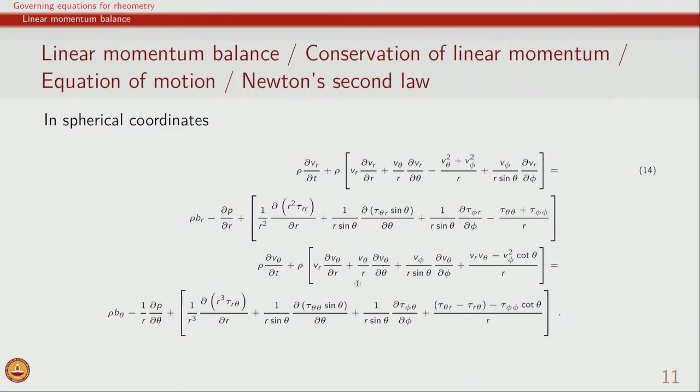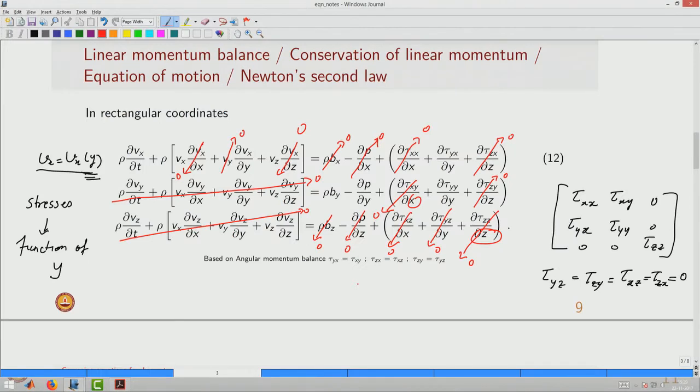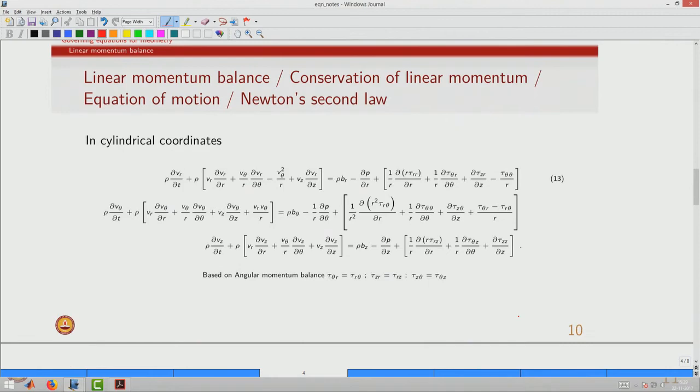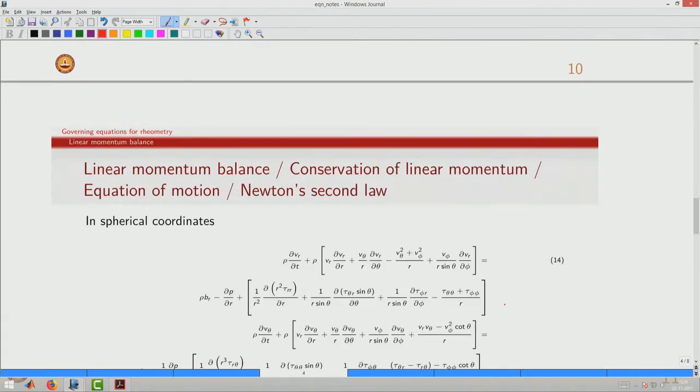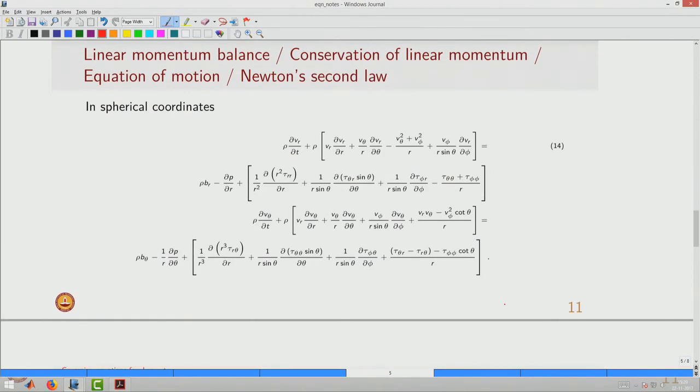And only one component of velocity is non-zero. And for this flow also we can again look at what happens to the overall linear momentum balance, and we can see that we will be able to very effectively set many of the terms to 0. Since V r is 0, we can say this overall term on the left hand side will go to 0 except one term.